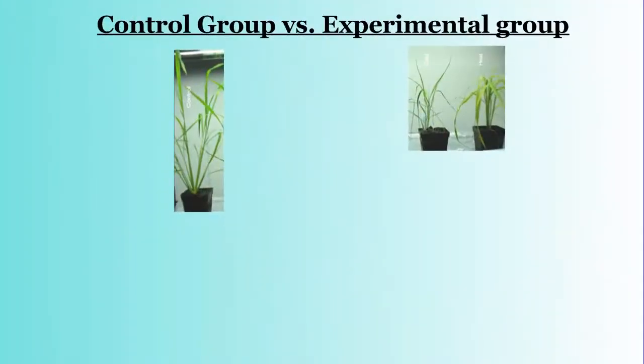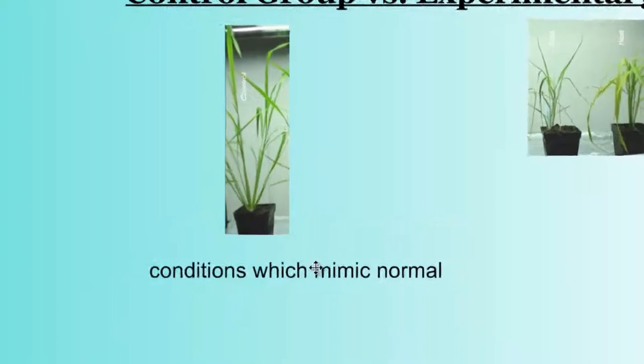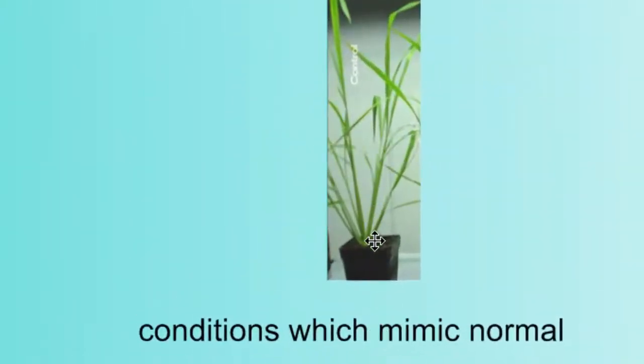Okay, the last two terms which are related to each other, so we have them together, is the relationship between a control group and an experimental group in your experimental design. The control group is a part of your experiment in which you attempt to imitate conditions that mimic normal.